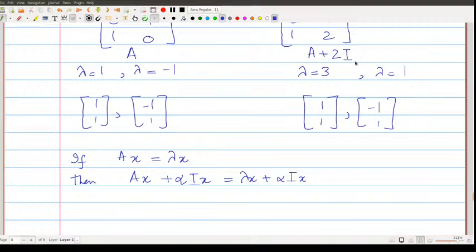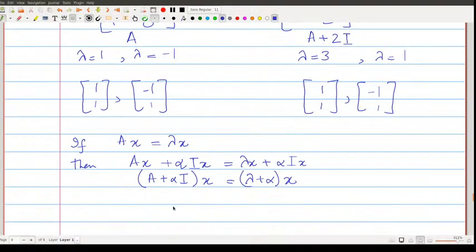For example, A plus 2I was the case here. On the left-hand side we get (A plus alpha I) times x, and on the right-hand side we get (lambda plus alpha) x, and we can do this because the identity doesn't change anything. So if A has eigenvalues lambda, then A plus alpha I will have eigenvalues lambda plus alpha, right?